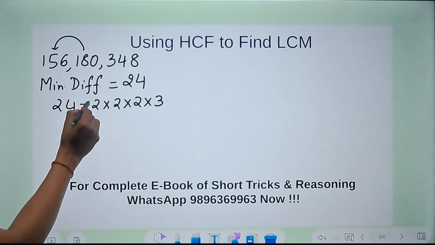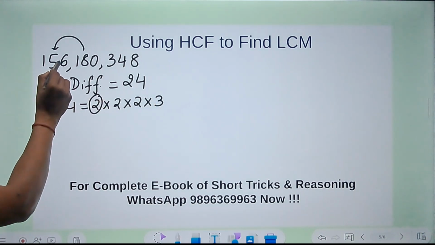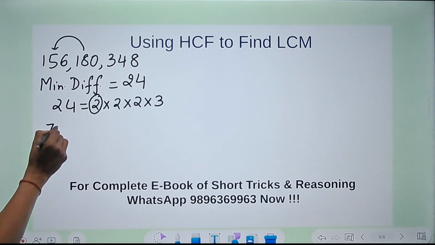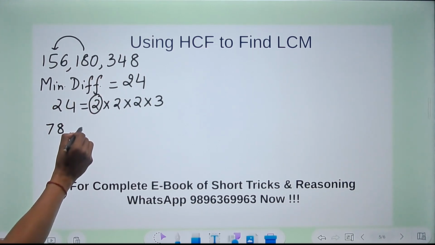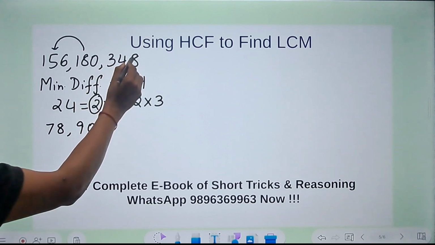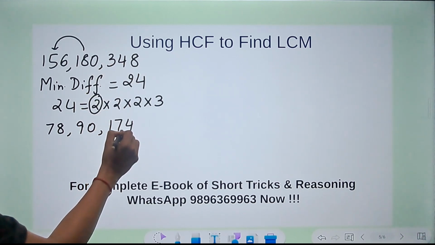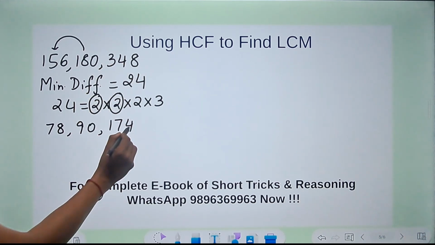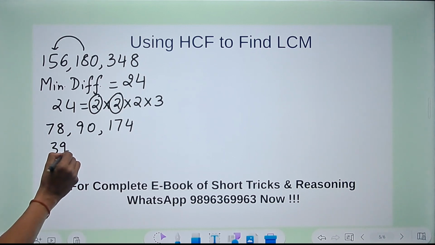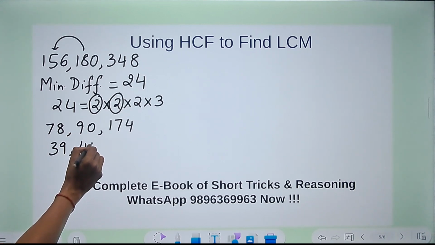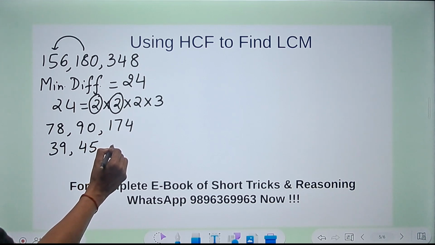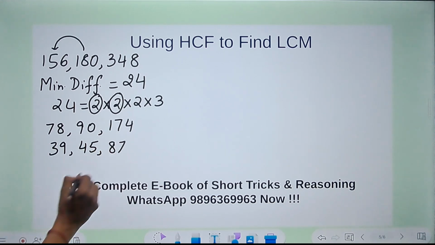And now this 2 divides 156 and gets me 78. The 2 divides this and gets me 90, divides this and gets me 174. Now this 2 again divides these three, this gets me 39, this gets me 45, and this gets me 87, right?